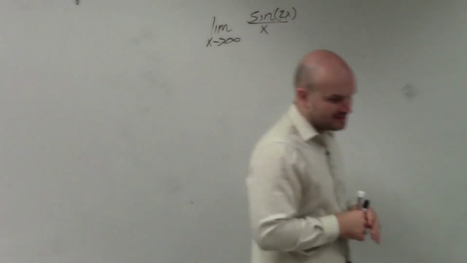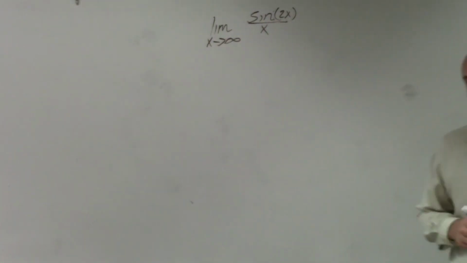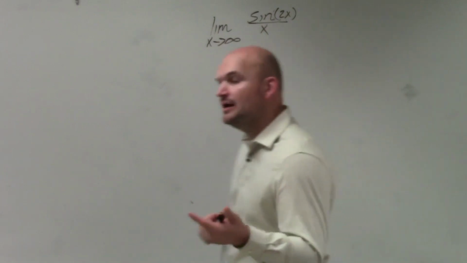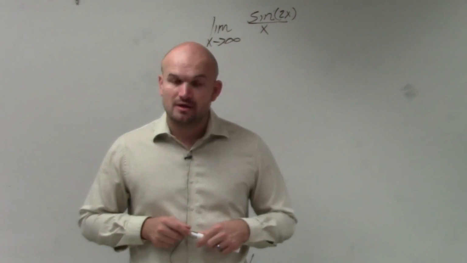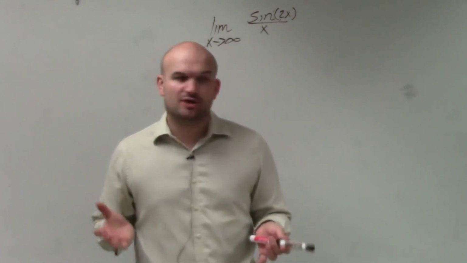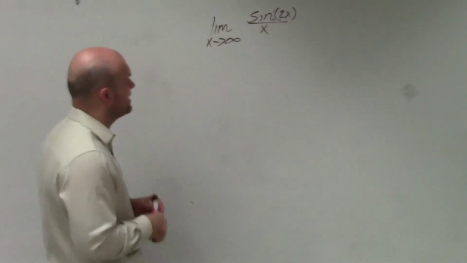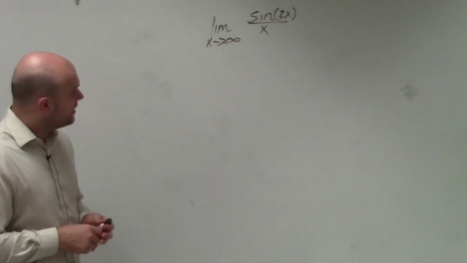If you guys look at this, one thing I want you guys to go through, which a lot of you had trouble with on your last quiz, was using the properties of limits. Remember, we can break apart properties, and that was one of the things that I'll show you guys in your work.